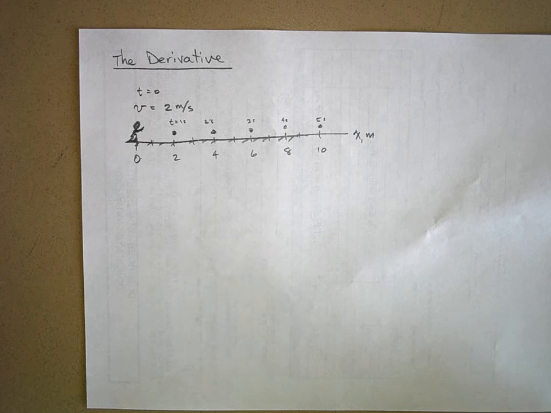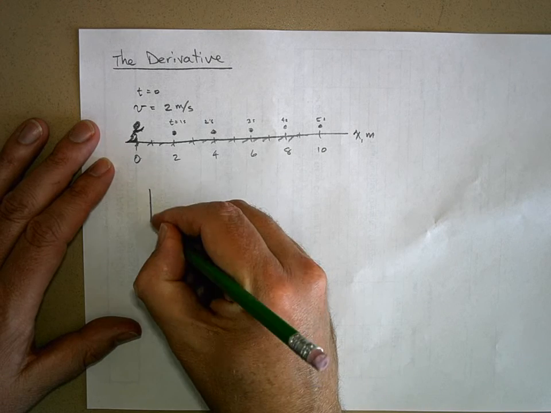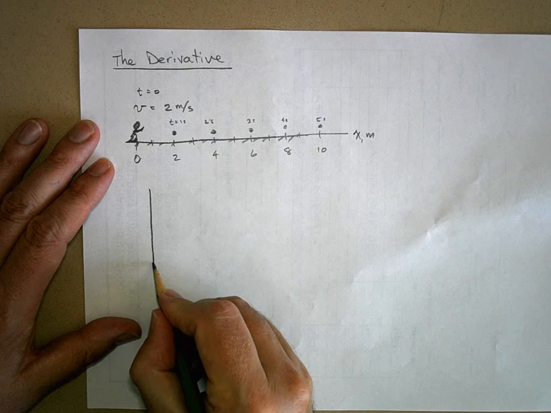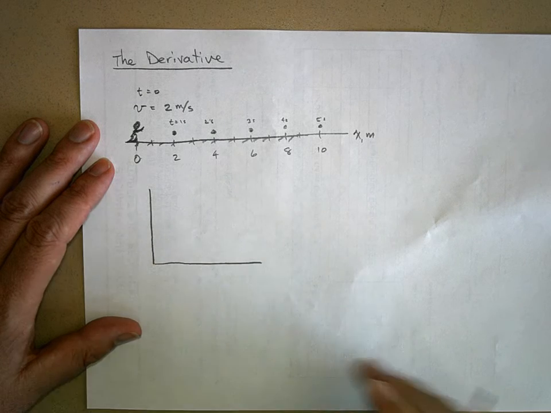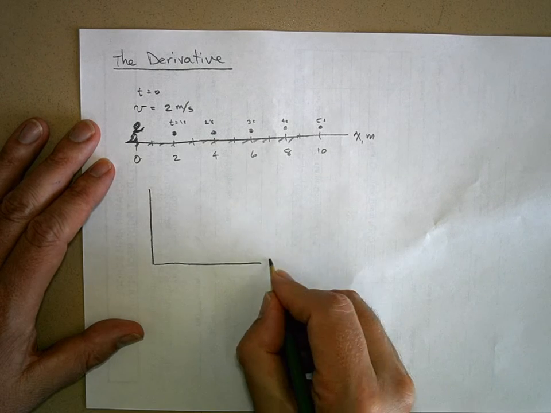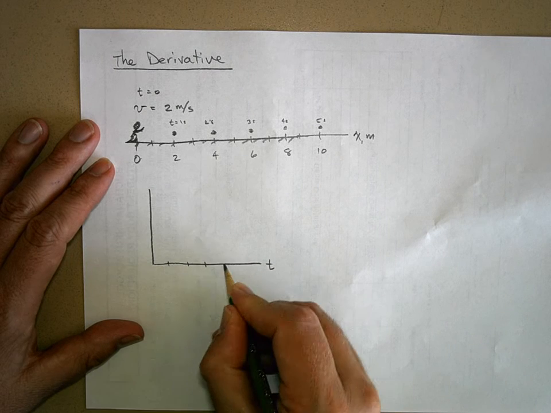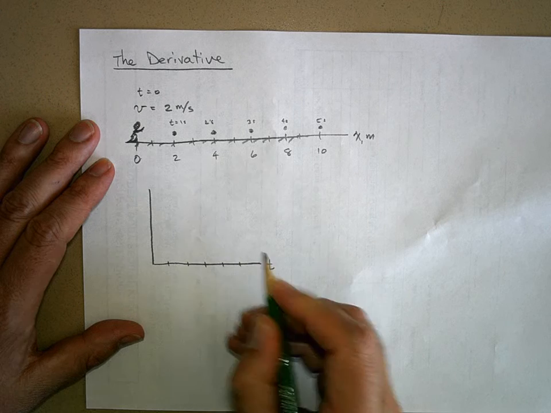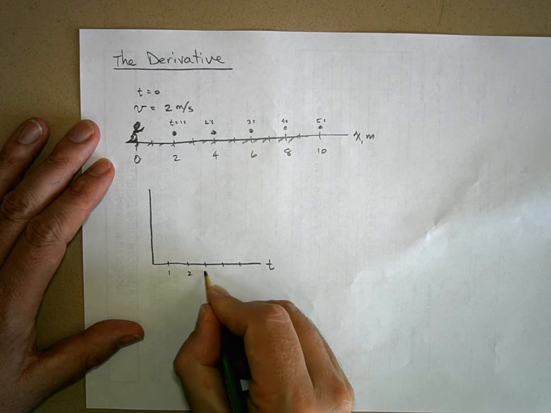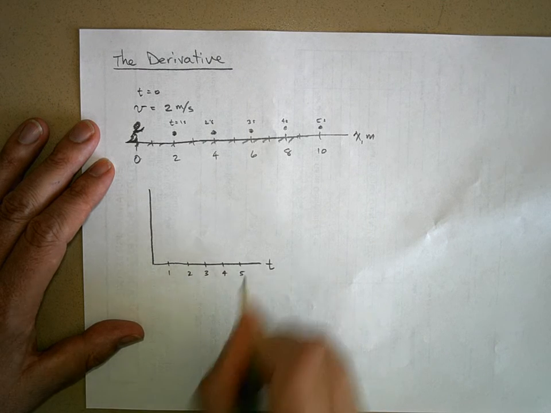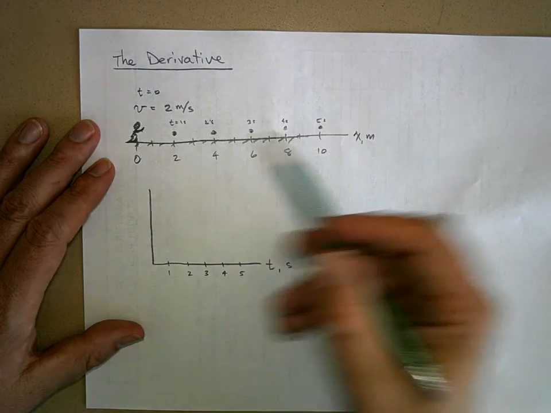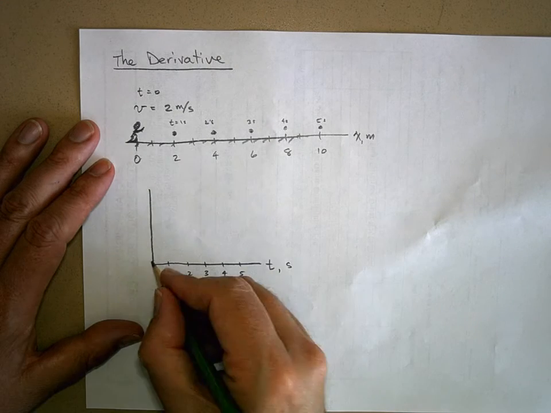So we're going to graph this thing. And so here's time, and I went 5 seconds, so I'll just go 1, 2, 3, 4, 5. And then I'll do position here.